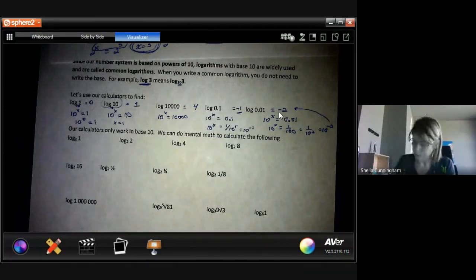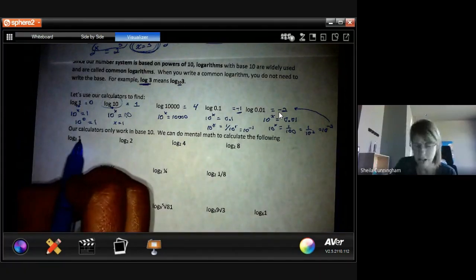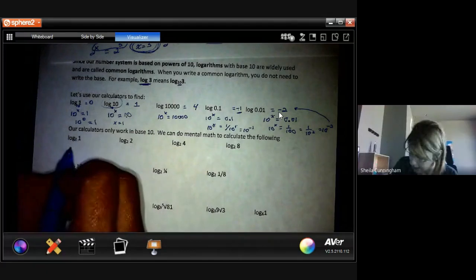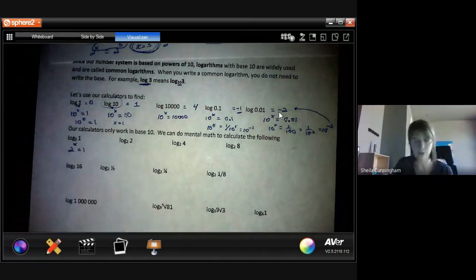So with log base 2 of 1, you're looking at this as saying, oh, it's a base of 2, so I want to know 2 to what power is going to give me 1. And what are we thinking?